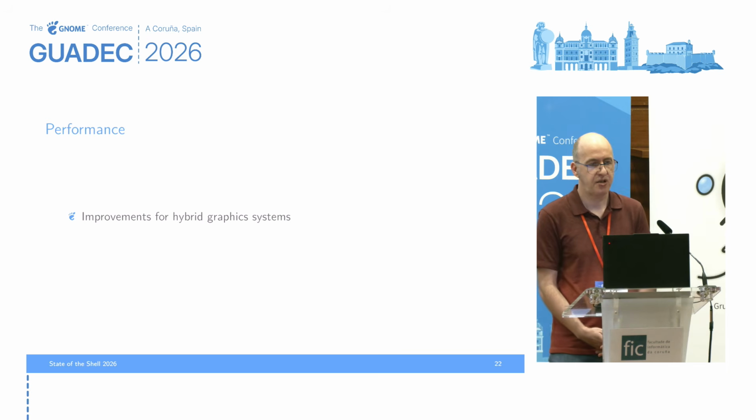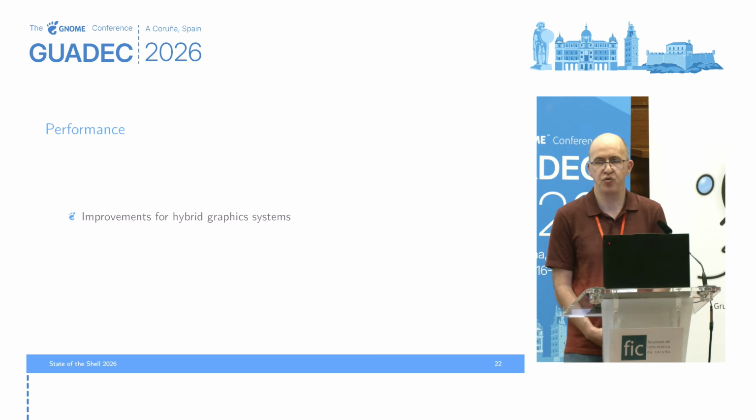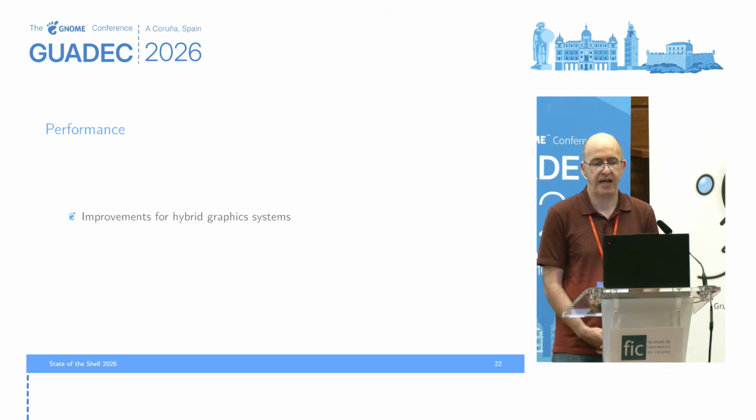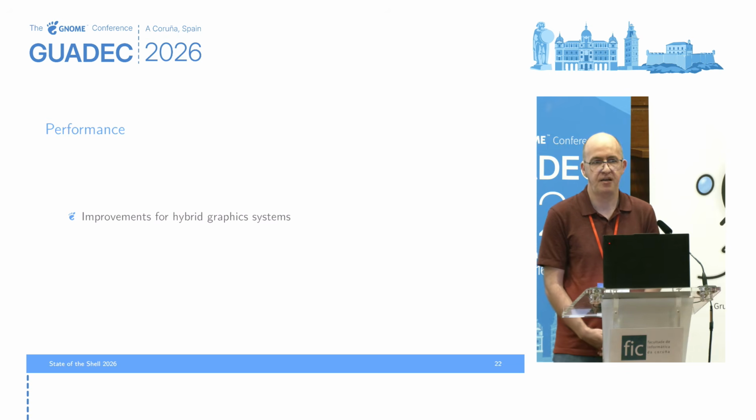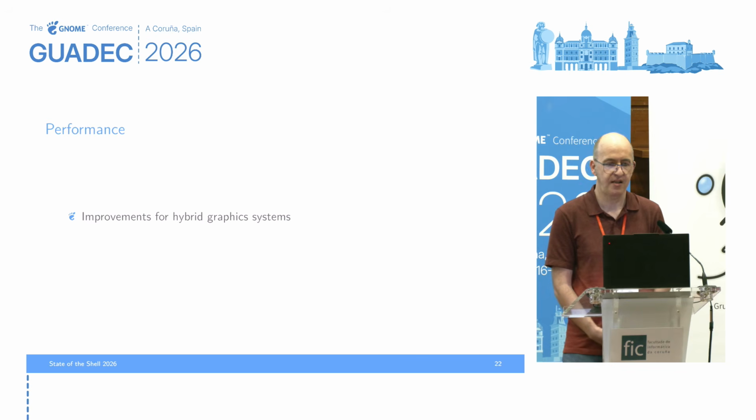And the last thing I'm going to talk about is performance. There have been various improvements for hybrid graphics systems. The most common example of that is probably laptops with an integrated GPU and a separate discrete GPU, which is usually an NVIDIA one at this point.